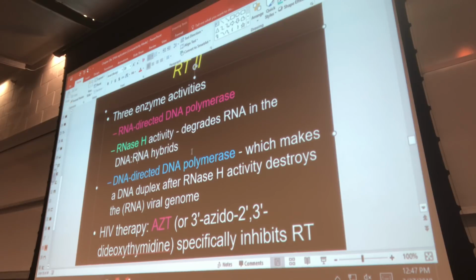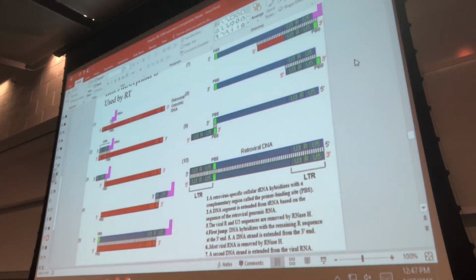In fact, at that point, not only will that activity replicate that DNA strand, but the particular cell's own DNA polymerases will replicate that DNA strand as well. This one just helps that along. All right? So these three activities are very important to reverse transcriptase. These three activities are most commonly asked about on the exam in regards to reverse transcriptase, so make sure you know these.